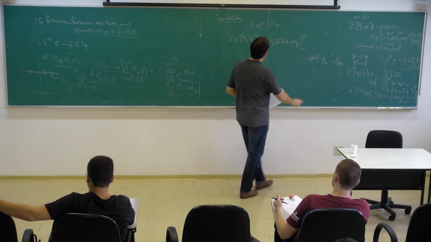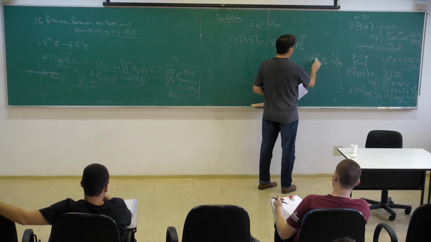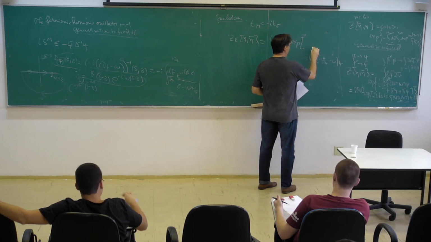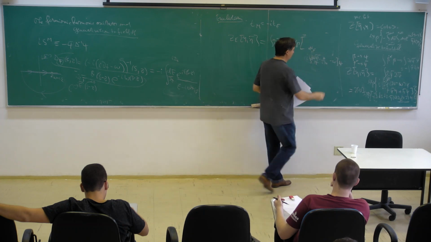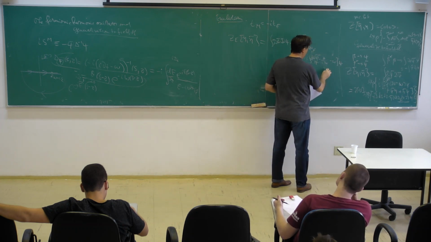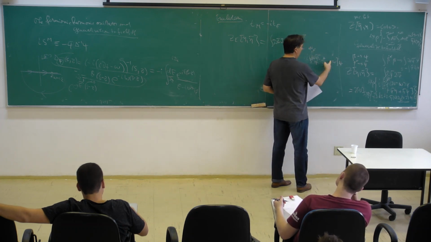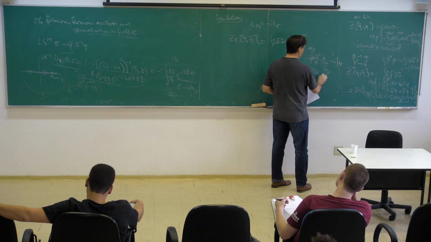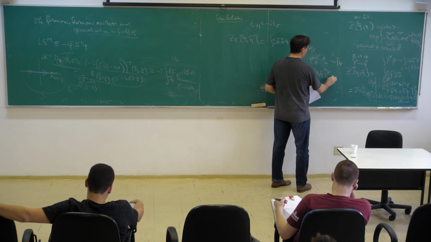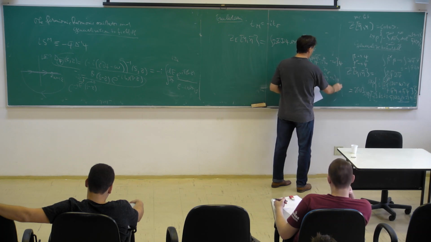And then i dt Minkowski is equal to dt Euclidean, and then this is also dt Euclidean. But I have the overall minus, so this is minus integral dt Euclidean of psi bar (d_t Euclidean plus omega) psi, right?